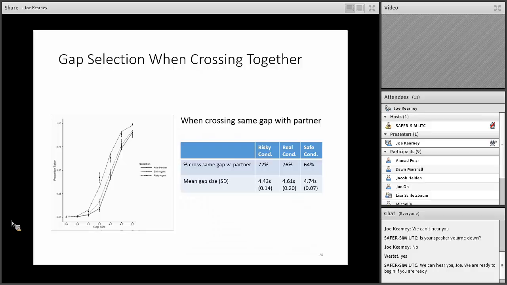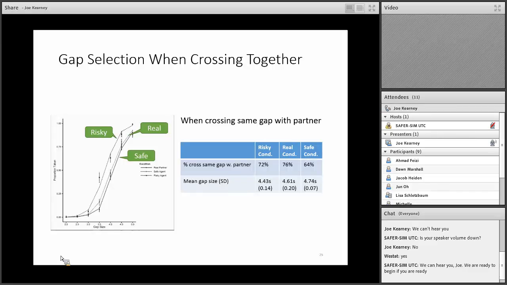So here's the gap acceptance. This is, again, our logistic regression graphs. This is the risky, the one towards the left on the curve. When people crossed with the risky agent, they were more likely to take these smaller gaps. This is the real in the middle, and on the right-hand side is the safe.